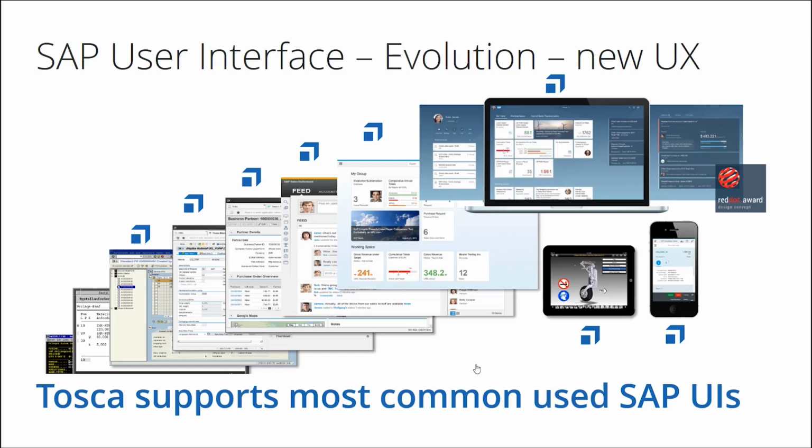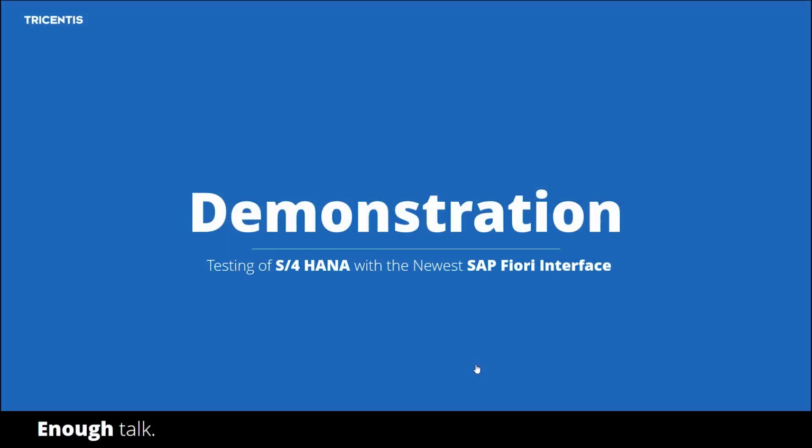Now we will jump into a live demonstration, where you will learn from me how to automate, how to work with Tosca, and how it looks in a live system. Okay, are you ready? I think so. So let's start.